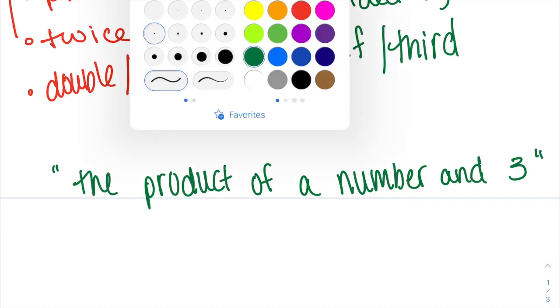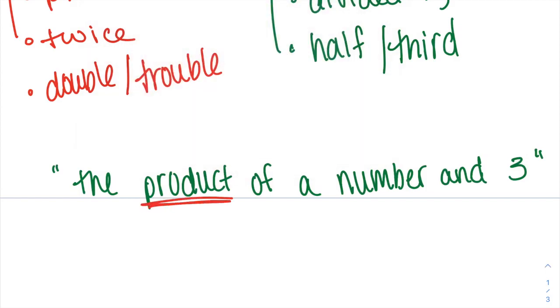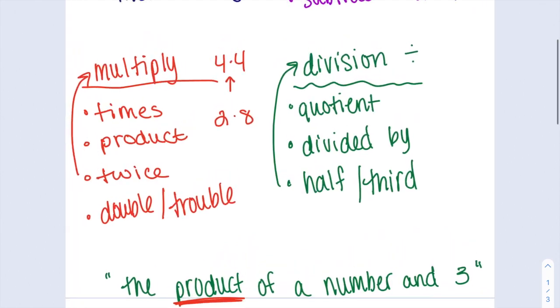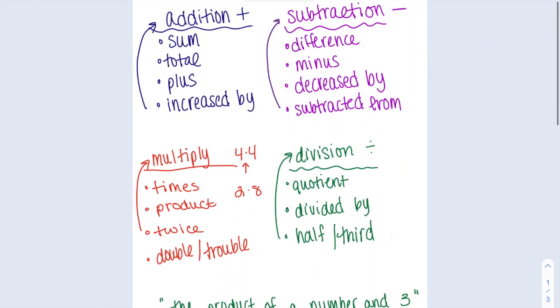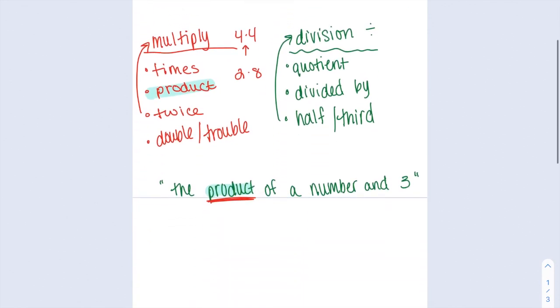The first thing I see is this word product. We need to look at our handy dandy list up here and see where do we see product. Is product addition, subtraction, multiplication, or division? Product. Whatever I'm going to be writing is going to be me doing some kind of multiplication.